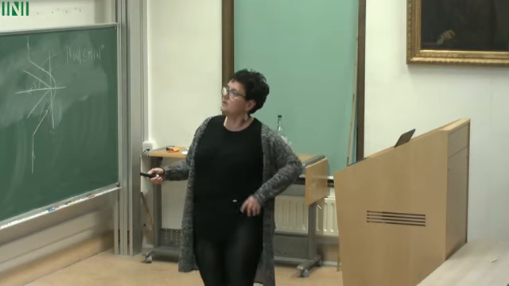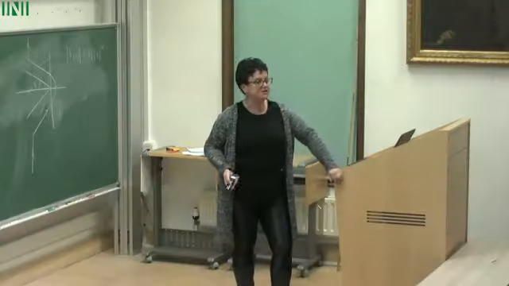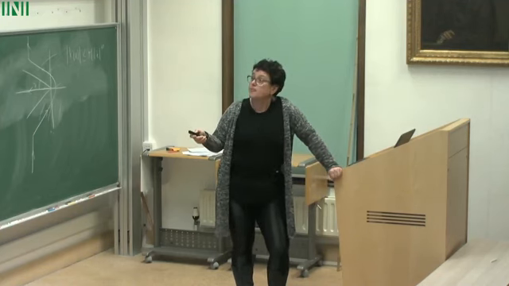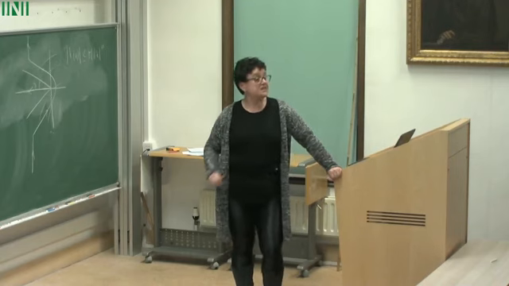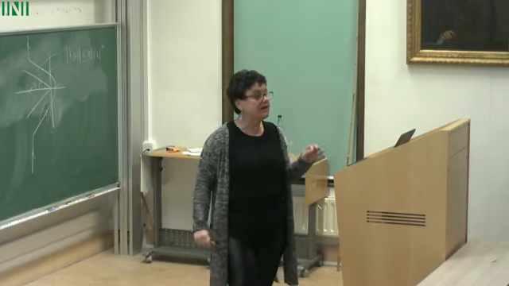The idea is that if I have a curvilinear polygon, via an appropriate localization, I can reduce matters to analyzing what happens in an infinite sector by taking the tangents at the vertex, at the point where the two piecewise C1 smooth functions join. On the sector, one can obtain an explicit description of the spectrum. This is because in this particular geometry, the operators in question turn out to be of Mellin convolution type.